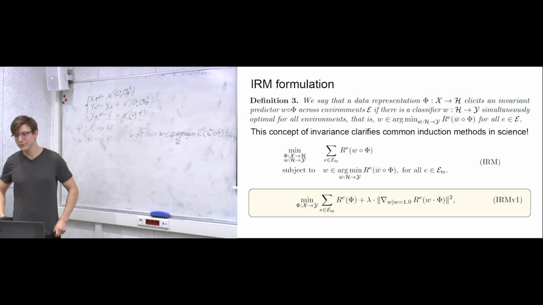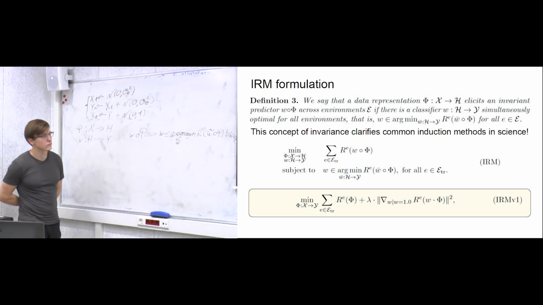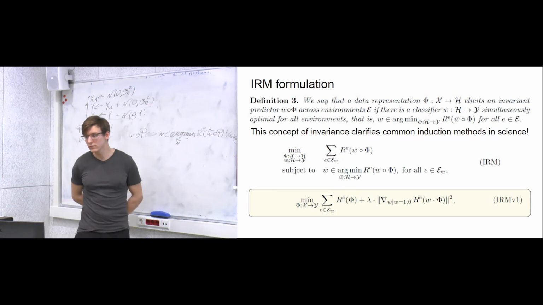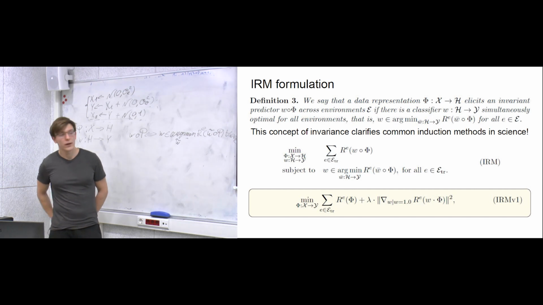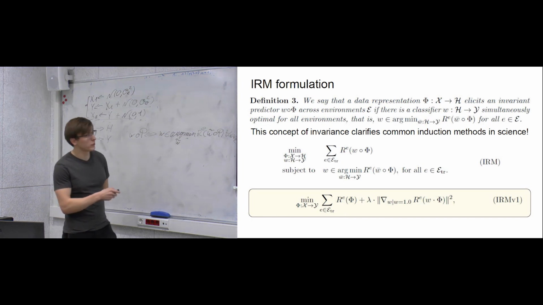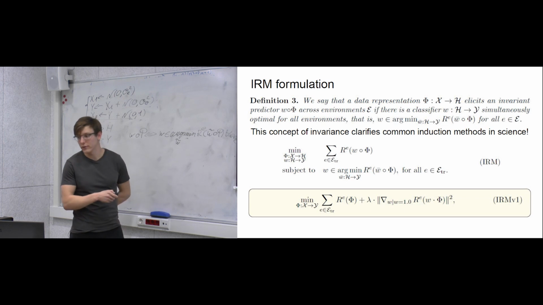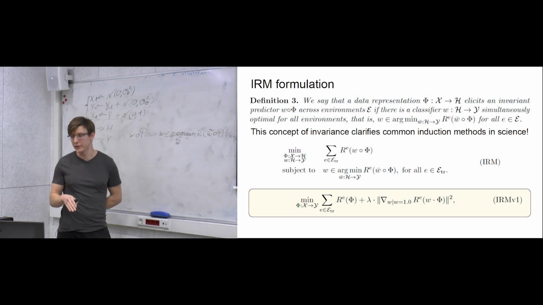You have a constraint optimization problem, but I haven't got why you can't just take this W from the argmin of R^e, and this would be the solution, the invariant predictor? Because, as I said, a zero predictor would be invariant. It would be the argmin across all zero predictors.